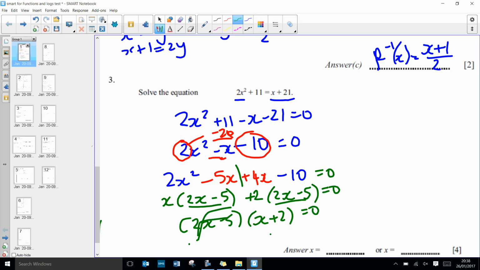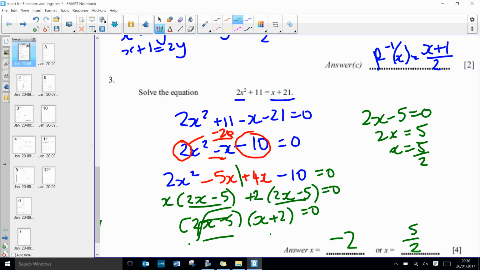So that would be negative 2 and positive 5 over 2. So if we were trying to find this one, it would be 2x minus 5 equals 0, 2x equals 5, x equals 5 over 2. Similarly, x plus 2 equals 0, x equals negative 2. Okay.